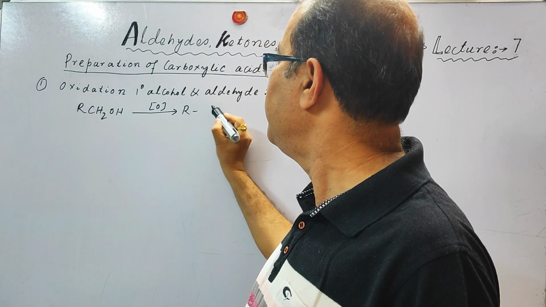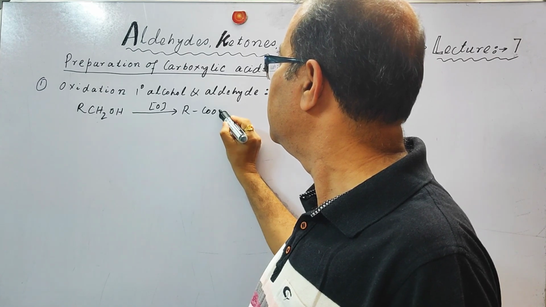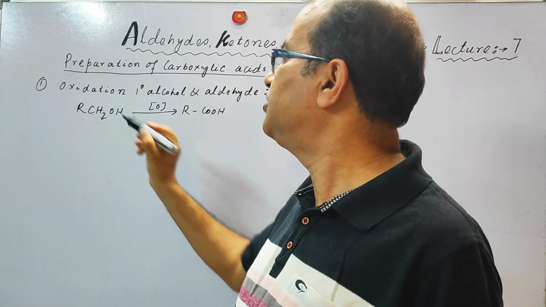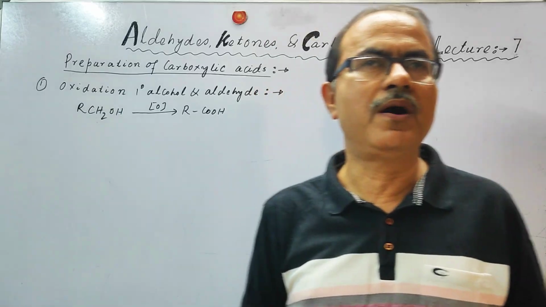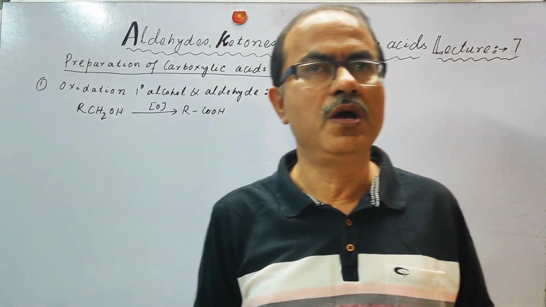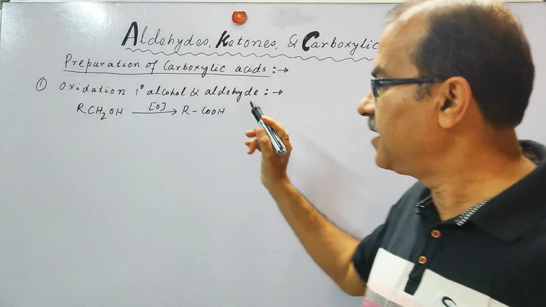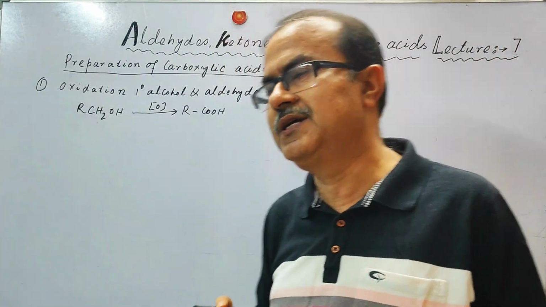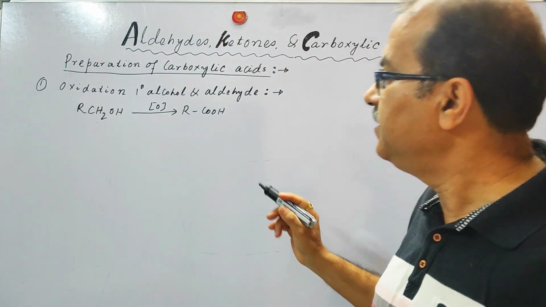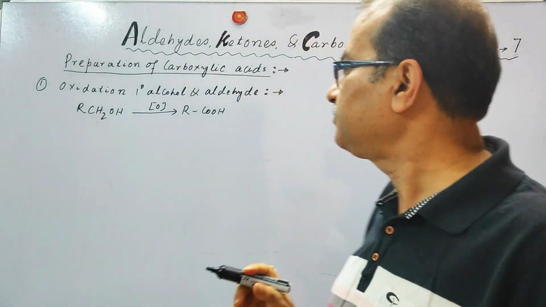The number of carbon atoms is the same. When we are talking about the primary alcohol, the number of carbon atoms will be the same in the produced carboxylic acid as in the alcohol.